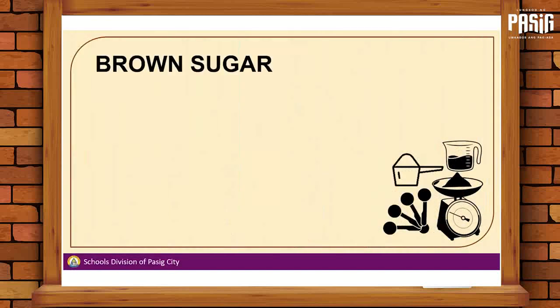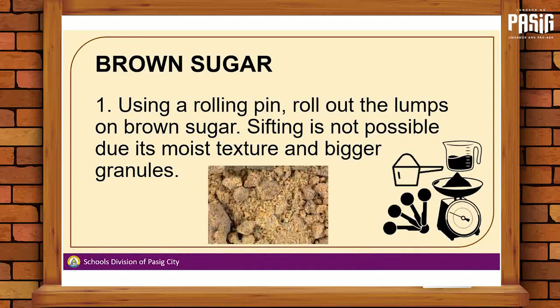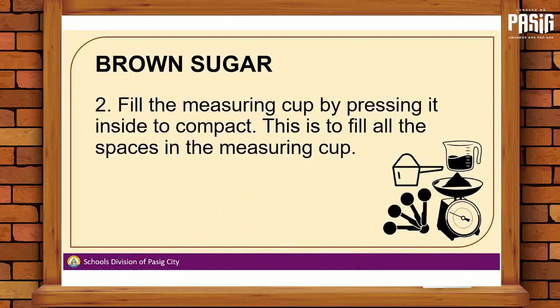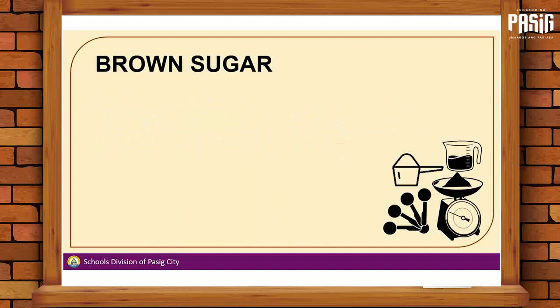In measuring brown sugar, 1. Using a rolling pin, roll out the lumps on brown sugar. Sifting is not possible due to its moist texture and bigger granules. 2. Fill the measuring cup by pressing it inside the compact. This is to fill all the spaces in the measuring cup. 3.